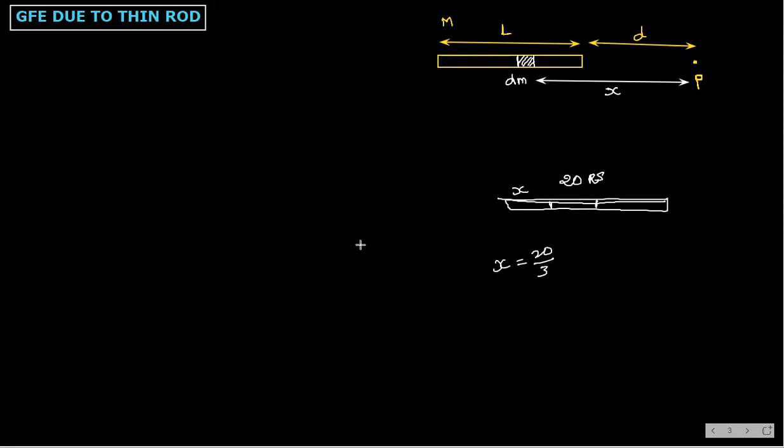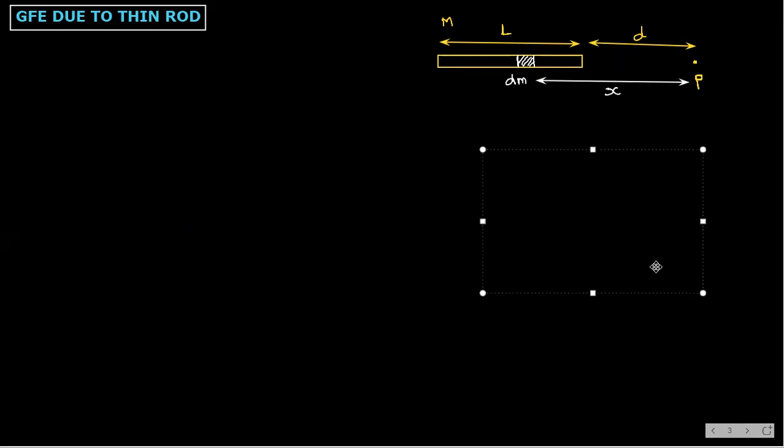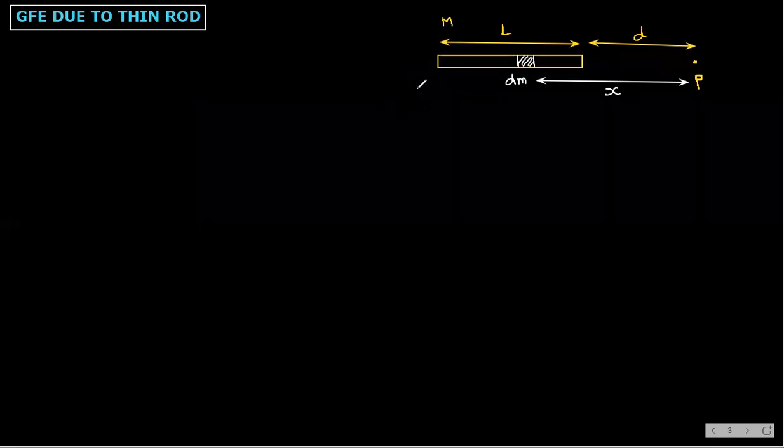Now see here, in this case this dm is there, no? This dm is distributed over how much length? dx we can say. dx means the part of this rod. dx is the width, dm is the mass.